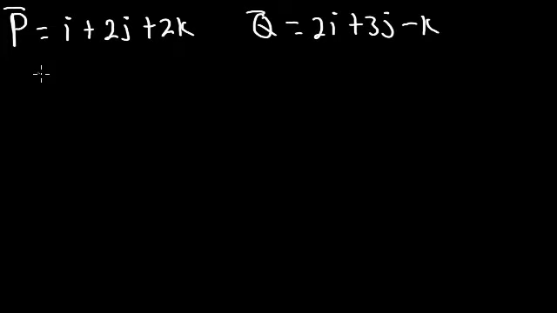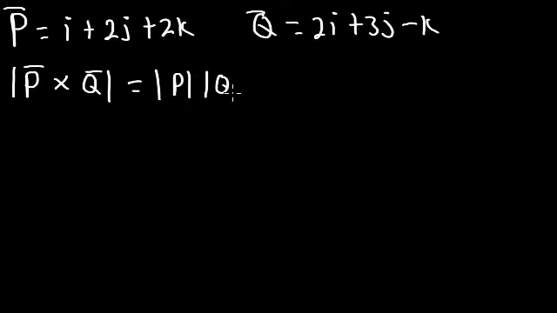Well, all we need to do is to make use of the formula. The formula says that the magnitude of the cross product of vectors p and q is indeed equal to the product of the magnitudes of the individual vectors p and q, then multiplied by the sine of the angle between them.